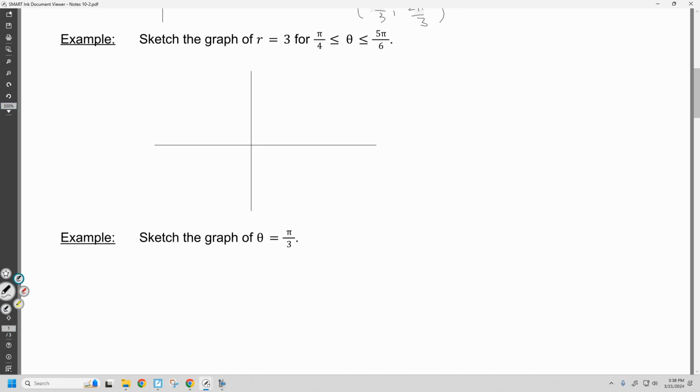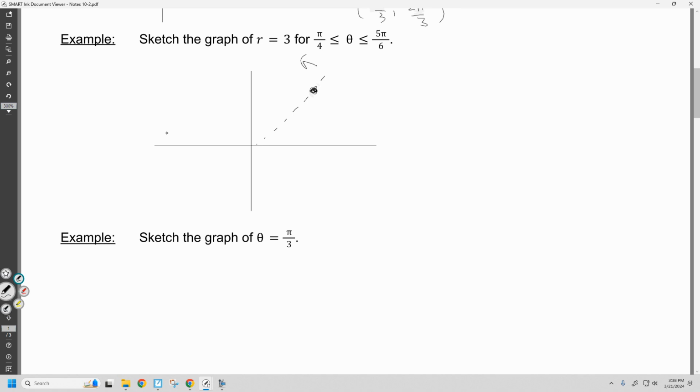Nice, Jolly. Pi over 4 is where we're going to start our graph. It's not just a circle. It's got to start and end somewhere. We could start it at 0 and trace around the radius of 3 until 2 pi, but I'm starting at pi over 4 here. I have to add angles by going counterclockwise.